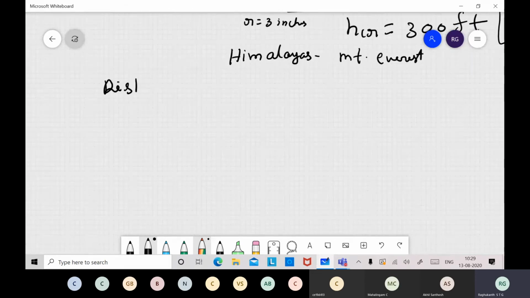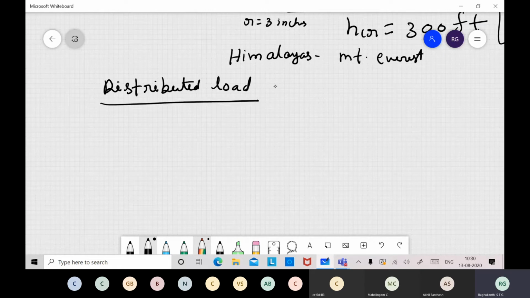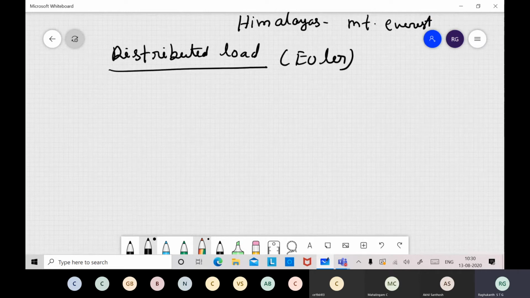So now the same thing for distributed loads also, which is done by Euler. He also calculated for all types of columns and gave this expression. The same equation of motion remains, everything remains perfectly same actual.